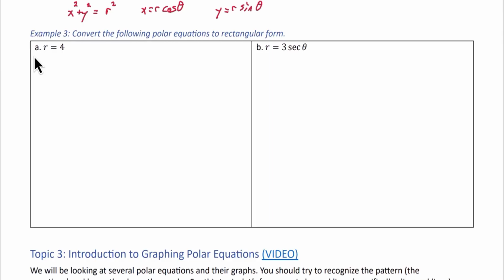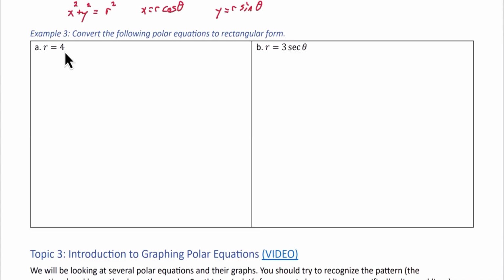And remember, when converting from polar into rectangular, there's a couple tricks we can use that typically work, not always. But one thing we could do is multiply by r on both sides. If we multiply by r on the left, we'll get r squared, which is convenient. But on the right, we'll have 4r.